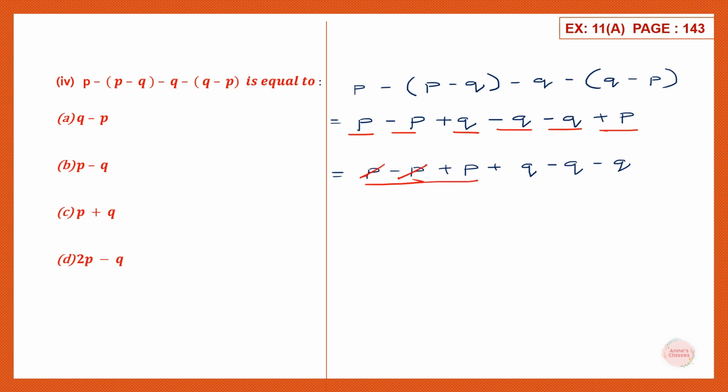So we only have 1 P left. Then let's go to the Q. Q minus Q is also 0, so we have only 1 minus Q left. So this is P minus Q. So our answer here is P minus Q, and which option is that? The option is option B, P minus Q.